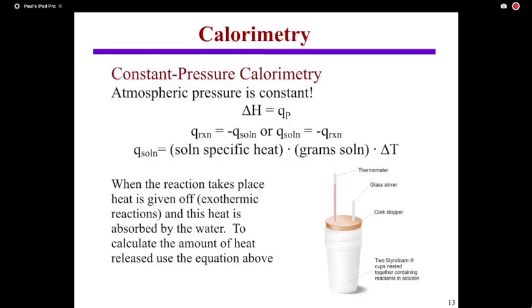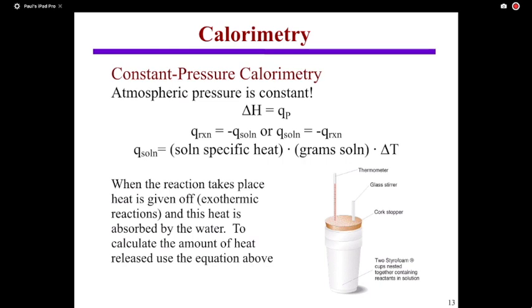Okay, so here is the type of calculation you are going to be doing. The constant pressure calorimeter, basically the 2 styrofoam cups. Okay? The change in enthalpy, which is the heat at constant pressure, is equal to this.